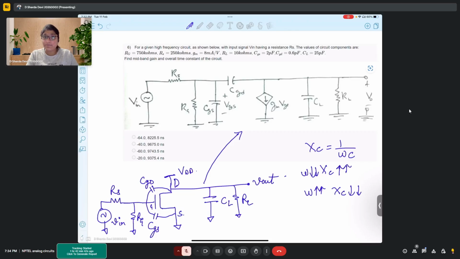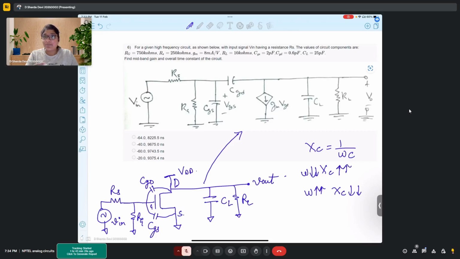Can we select a capacitor and remove the capacitance? No, you cannot do that. If you are using external capacitors, you can connect them in series or parallel as you want. But here, CGS and CGD are internal capacitors, which are the effect that comes from the device itself.